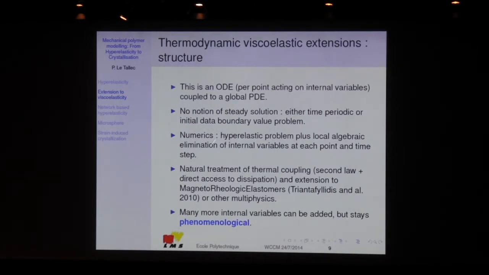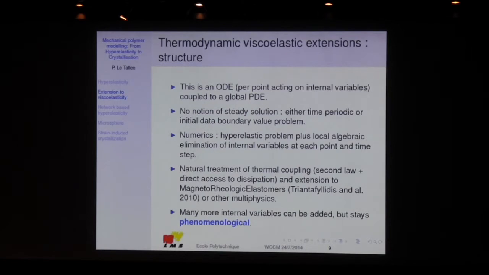Now, this game can be generalized and is generalized in the present Congress to many different situations. First situation, you can properly treat thermal coupling and the thermal heating, for example, of a tire, because you have direct control on the mechanical dissipation.